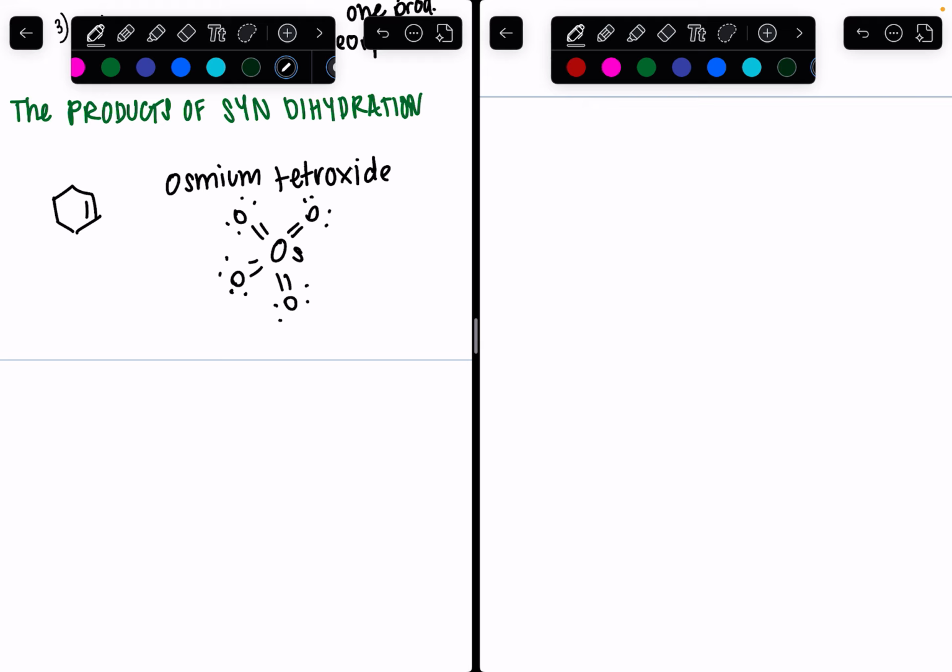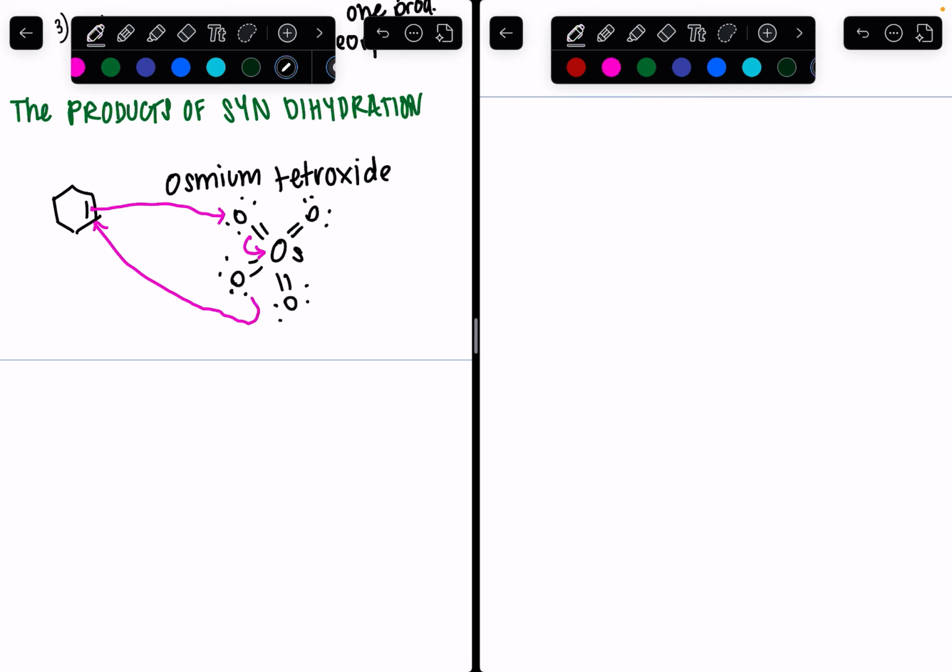How does this add to alkenes? So first the double bond is going to break and go to an oxygen, and then this oxygen will break the pi bond, and then this double bond is going to go to the other side.